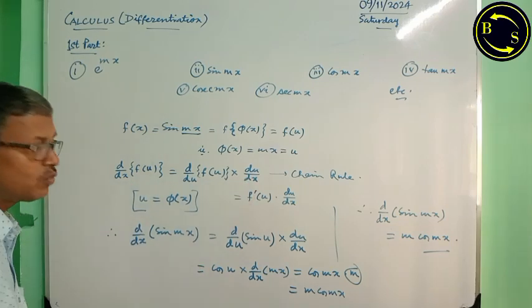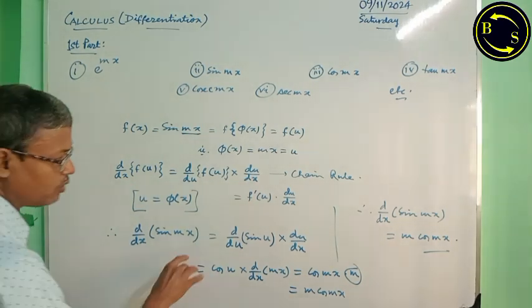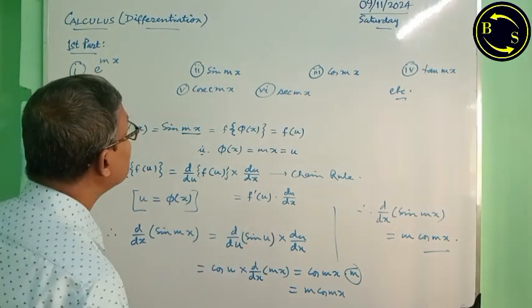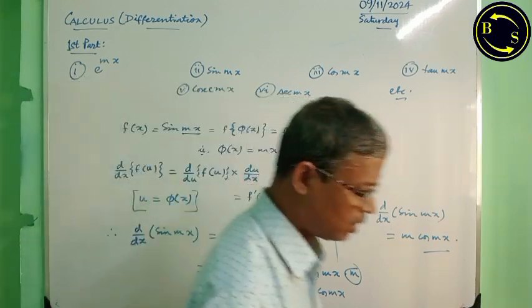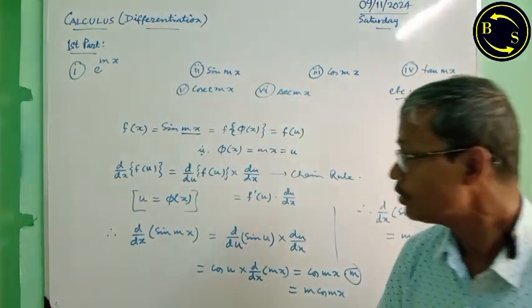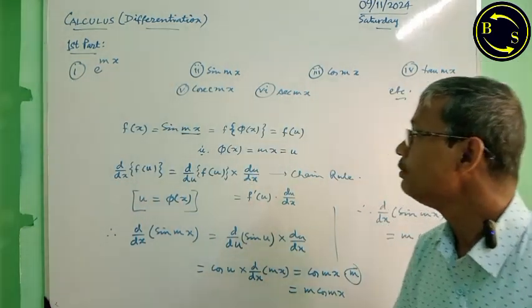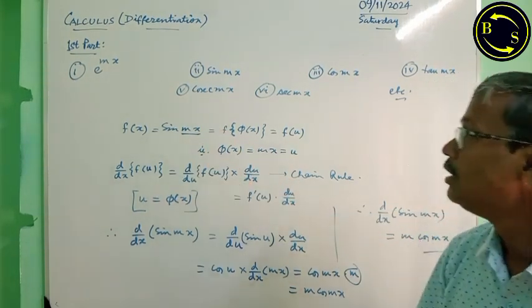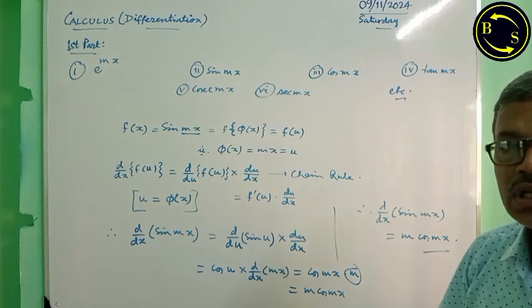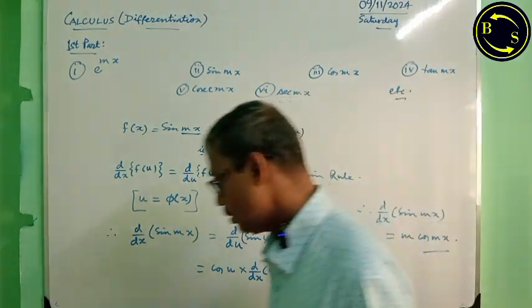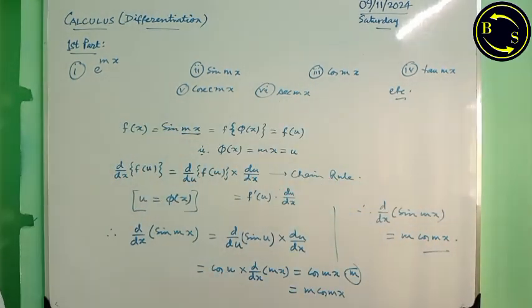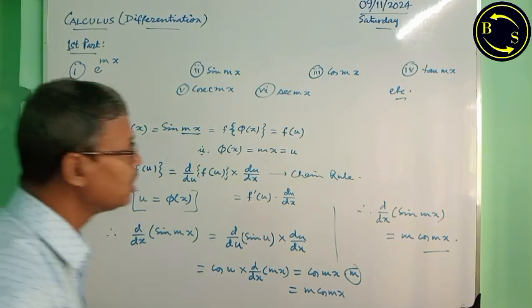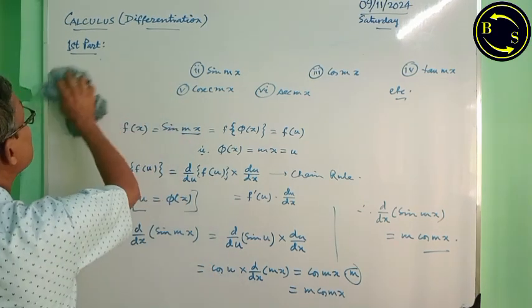This is called chain rule, and finally we get this one. This is the other method of finding the derivative of such function of function form without using definition. Now I am going to find out derivatives using fundamental theorems.